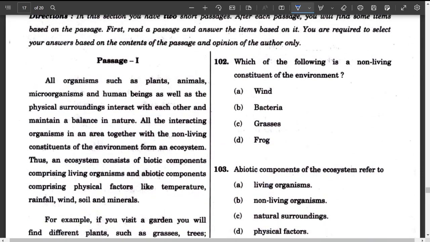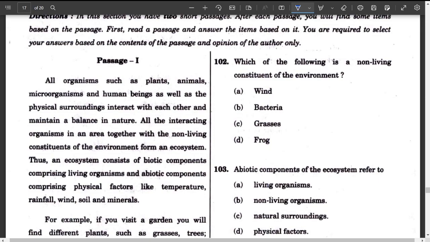All organisms such as plants, animals, microorganisms, and human beings, as well as the physical surroundings, interact with each other. The interacting organisms in an area together with the non-living constituents form the environment.